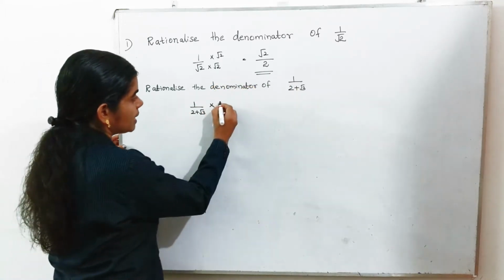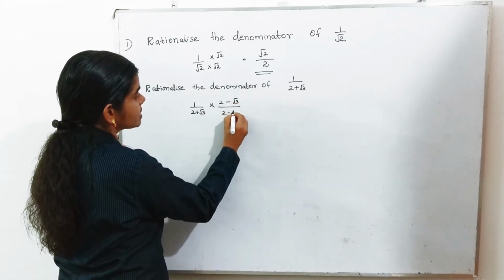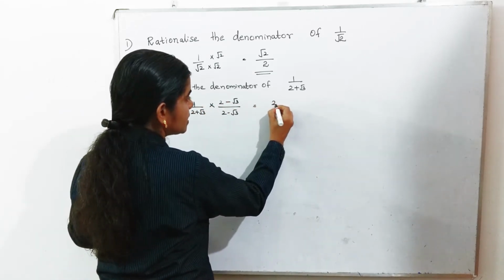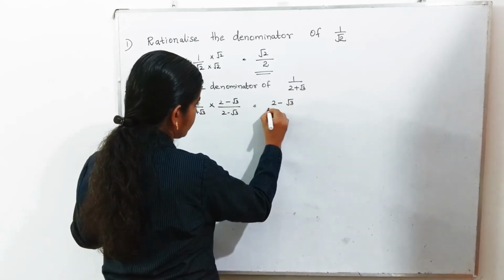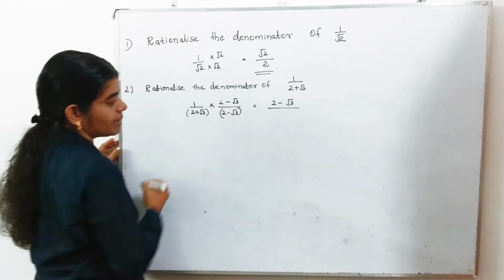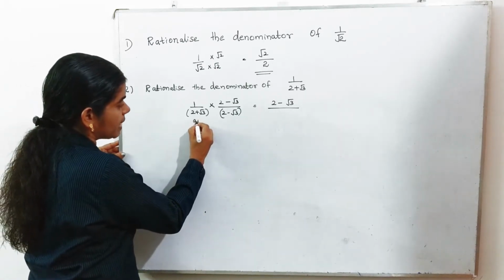Then here what do you want to multiply? 2 minus root 3 and 2 minus root 3. Then 1 into 2 minus root 3 means 2 minus root 3 itself. Here this will be in the form of a plus b. This will be in the form of a minus b. Then what is a plus b into a minus b?